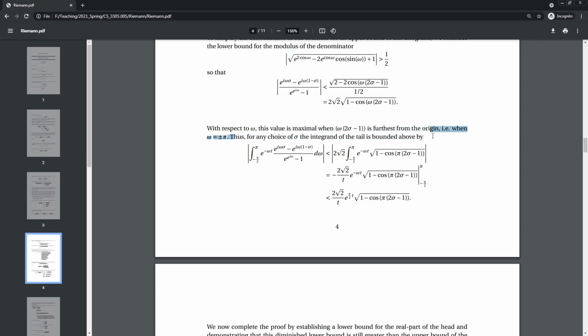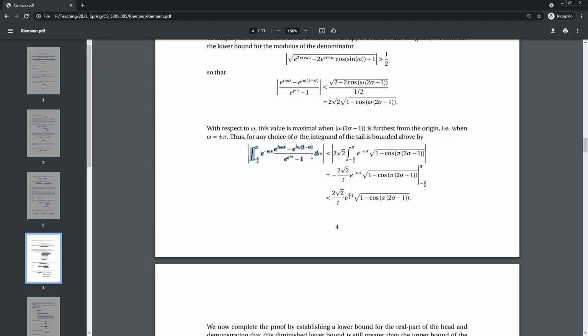So for any choice of sigma, the integrand of the tail is bounded above. So we have an upper bound for the tail, for the part that we hope to show is irrelevant. We're maximizing it, making it as large as possible, and then picking something even larger than that. So we can say it never achieves an absolute value greater than this. We begin with the absolute value signs on the outside.